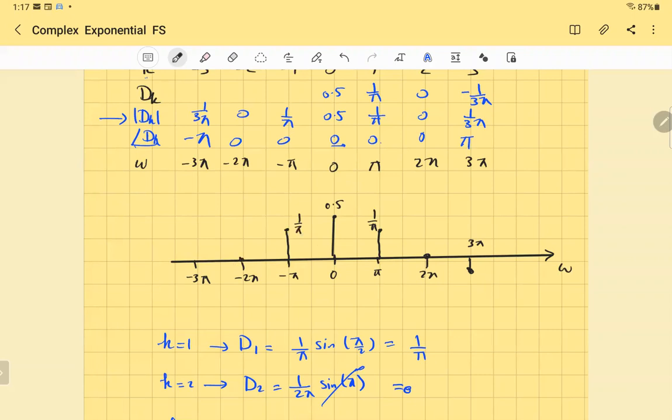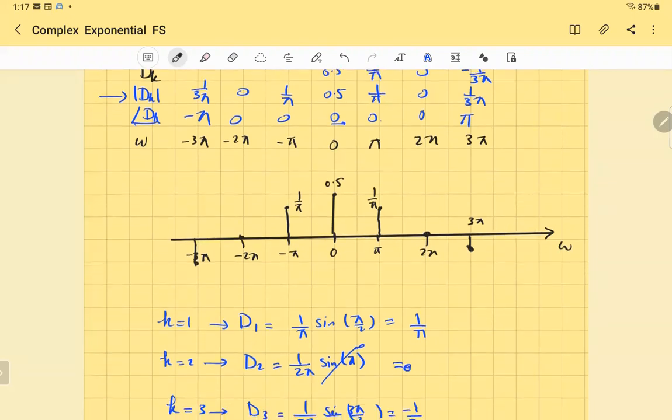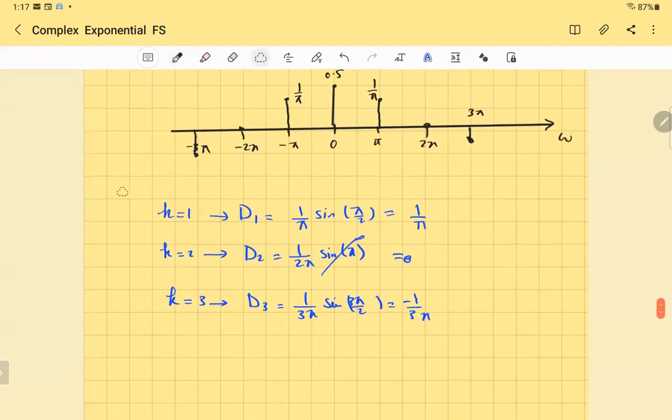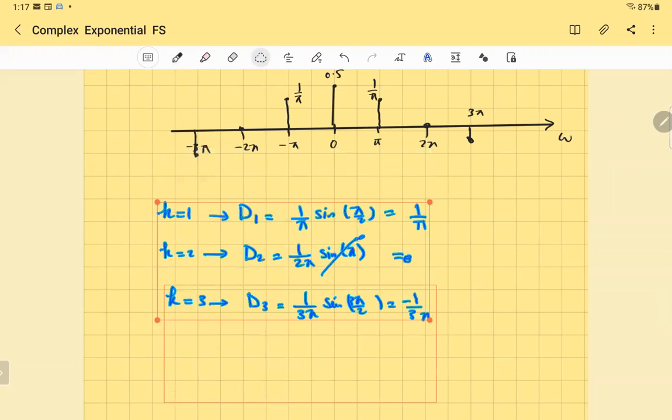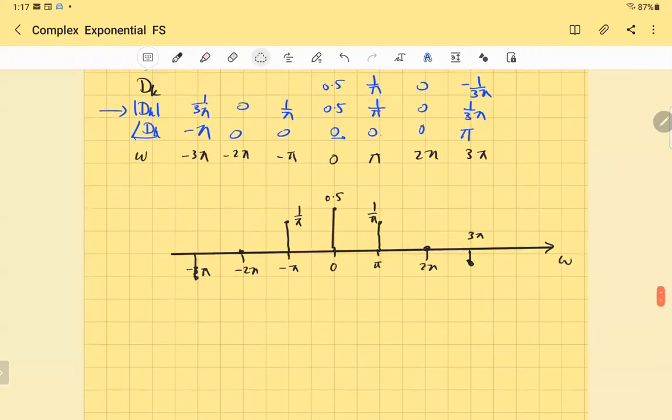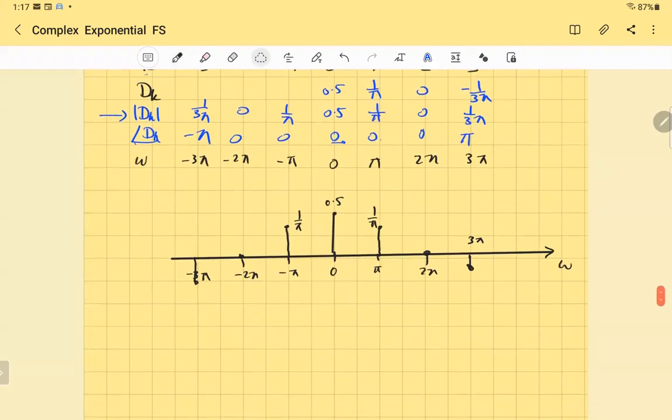It's just an even function. Now that's the magnitude. What do you call this graph or this plot? You call it the magnitude spectrum.